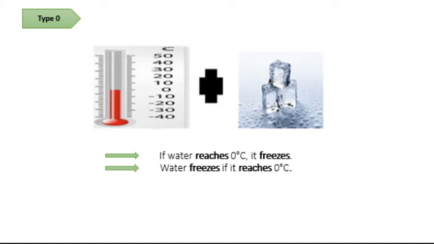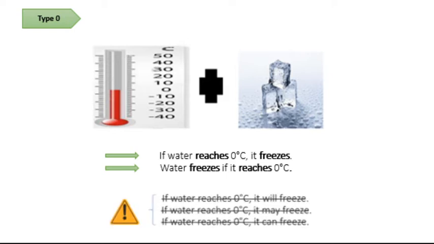And can we say here, if water reaches 0 degrees Celsius, it will freeze, or it can freeze, or it may freeze? No, we cannot say that. Why? Because if we say it will freeze, it may freeze, or it can freeze, that means we have possibility.